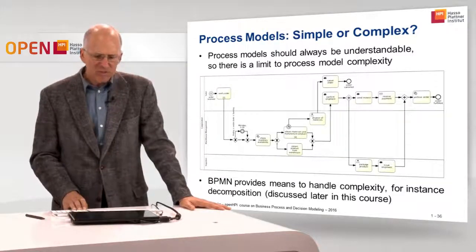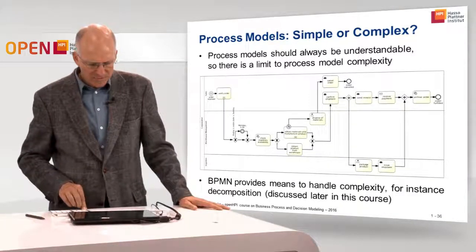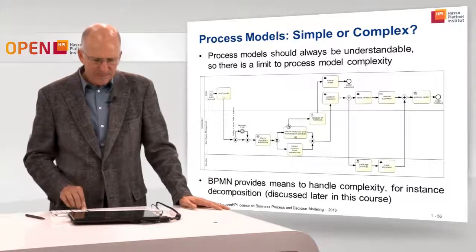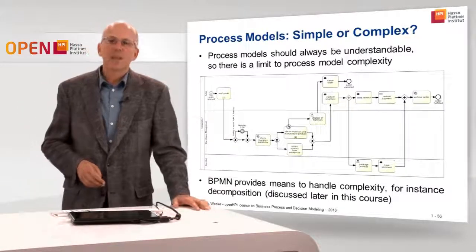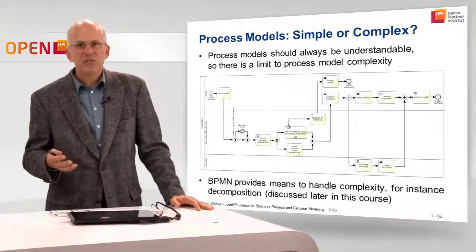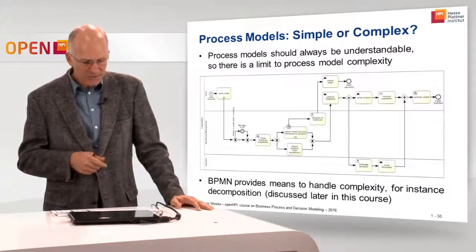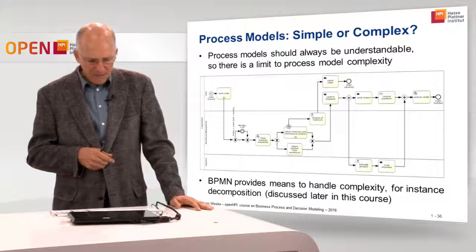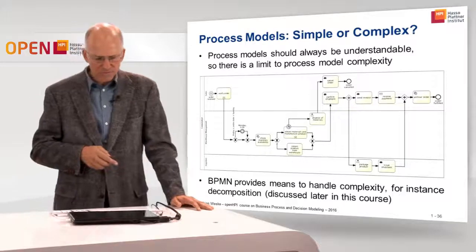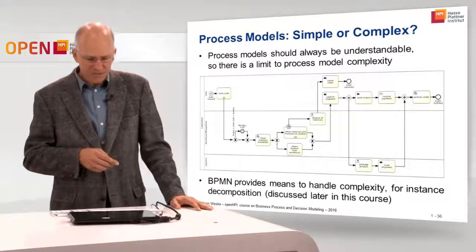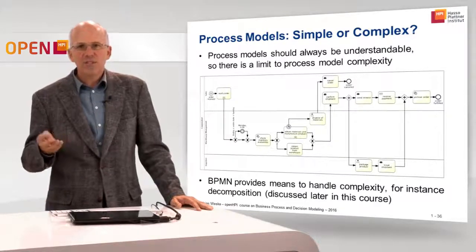But still, process models should always be understandable, so there is a natural limit to process model complexity. And depending on the language you use to express process models, there are ways to deal with complexity in terms of hierarchical decomposition, for instance, and BPMN is quite good at that, so that most BPMN models will have complexity like this, or a bit higher, but not consisting of hundreds of nodes as the one we've seen before, using these abstraction techniques provided by the language.